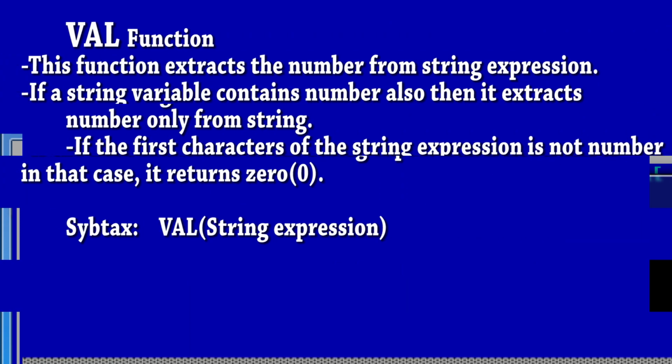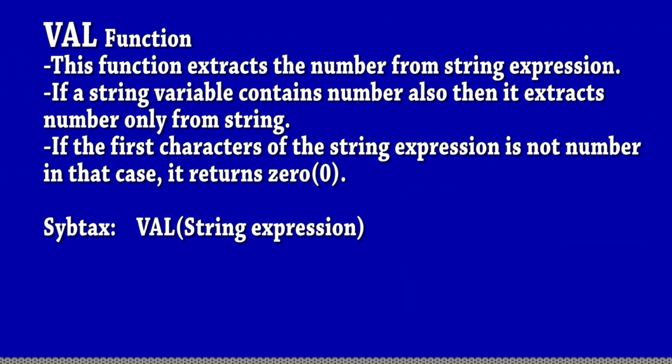Okay, now another topic we'll read, the VAL function. This function extracts the number from the string expression. If a string variable contains a number also, then it extracts the number only from the string. If the first character of the string expression is not a number, in that case it returns 0. Understood that?